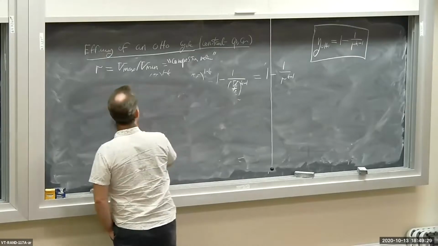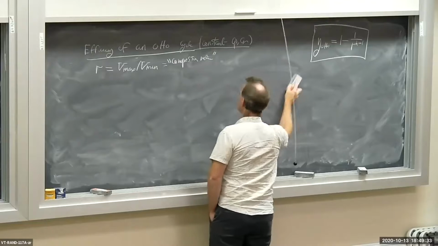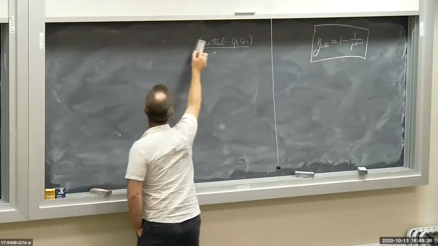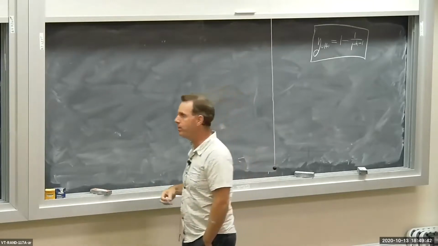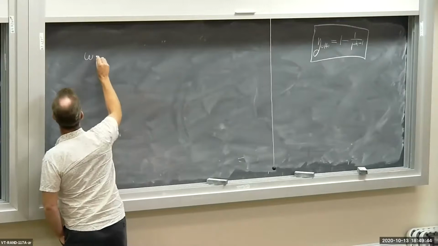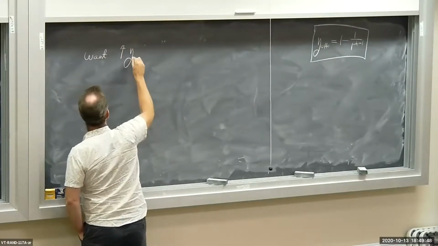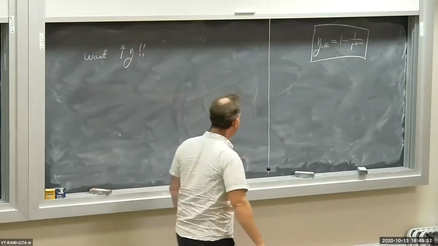So as an engineer, a mechanical engineer, what does this tell you? If you want a very efficient Otto cycle, a very efficient engine, so you want to increase efficiency, what do you do? You have to increase the compression ratio.